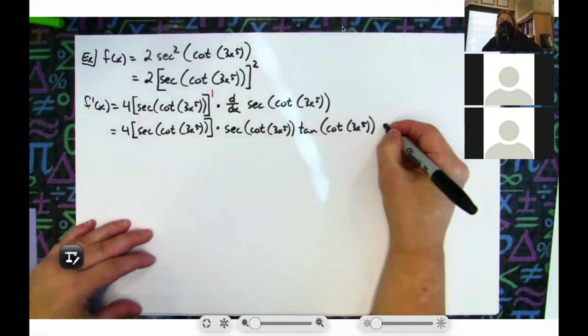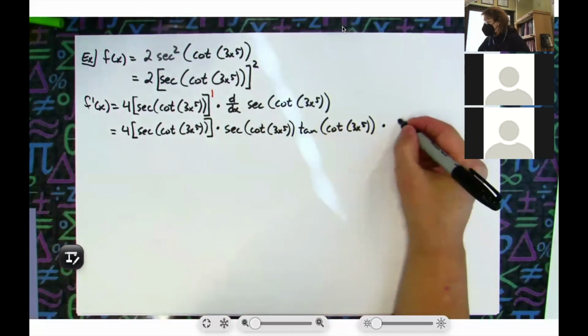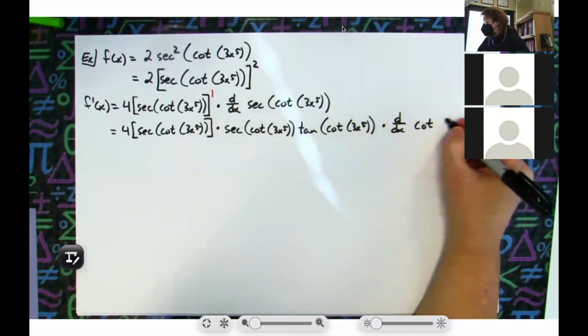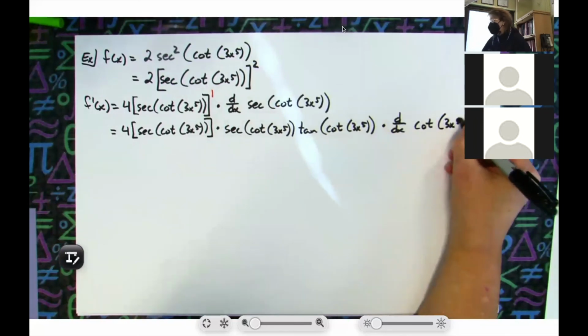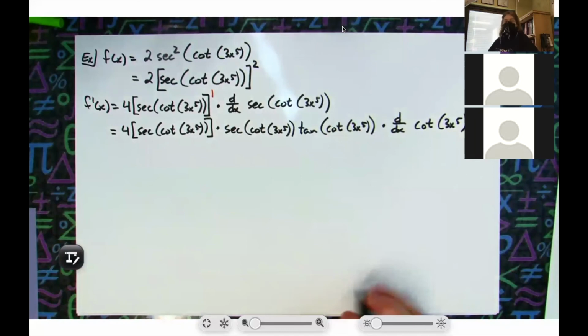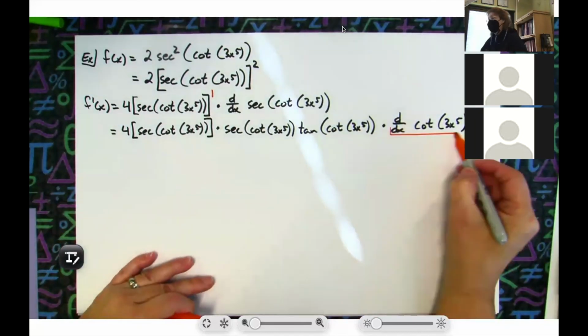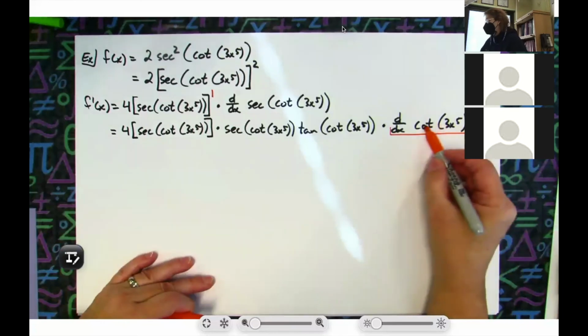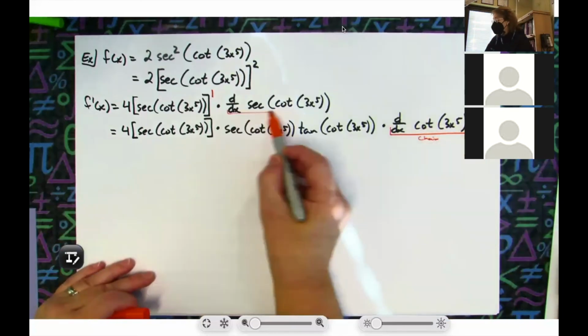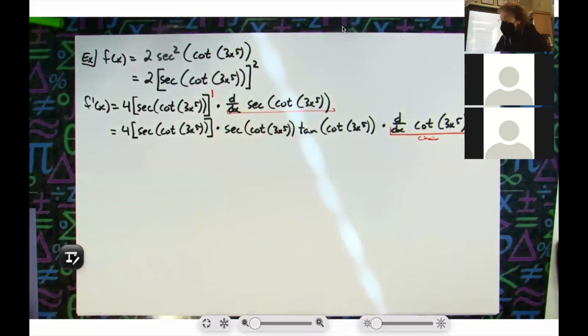And then times the derivative of that inside, d/dx cotangent 3x to the fifth. Okay, now am I going to have another chain? I'm still going to have one more chain because I've got an inside and outside. So I have another chain right there. Okay, so everything stays the same.